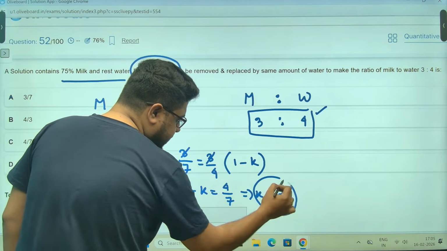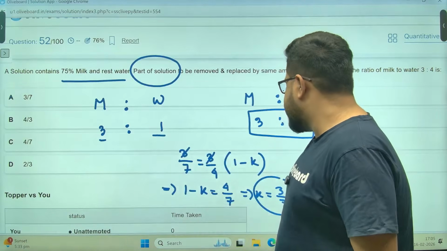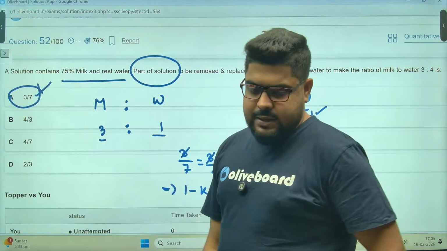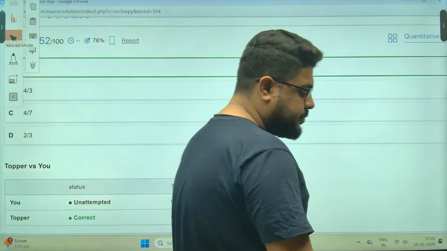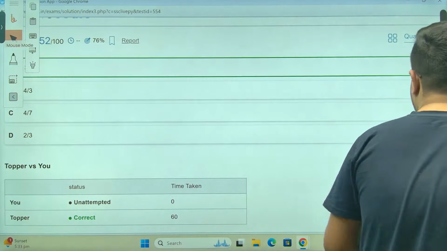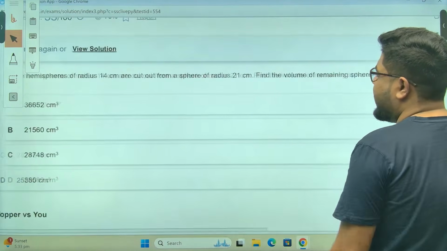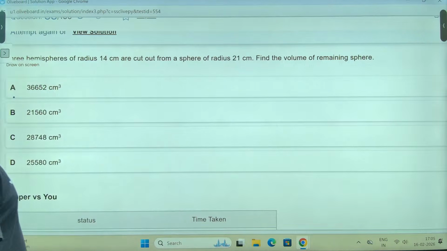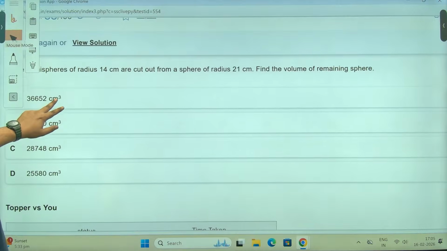So 3/7 of the solution was replaced, so that we got this particular answer, which is 3 by 7, option number A, option number 1. Without fail, that is your correct answer. Again, a very simple question. Next one, please.